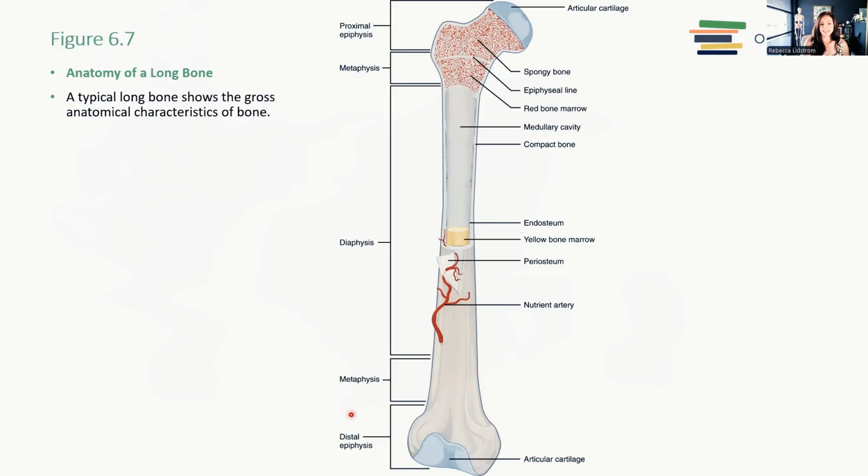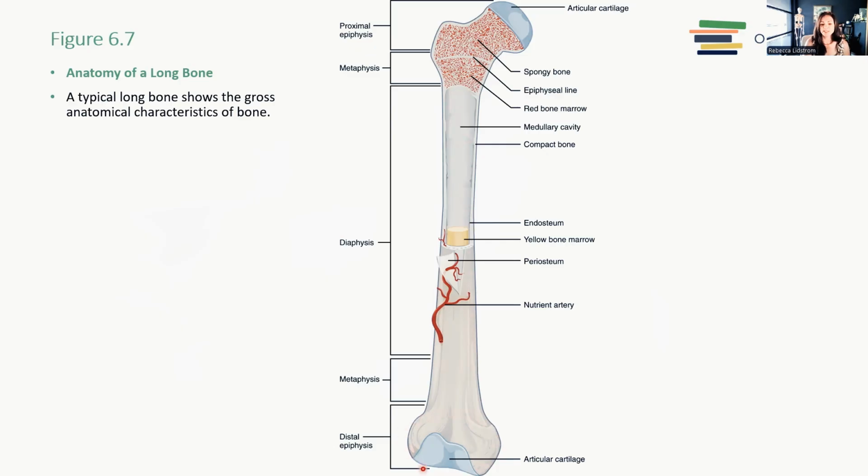Let's look a little bit deeper at the different areas of the long bone. Here is the picture of a femur, and a few things that we can see is that we have spongy bone up here at the top, and we have compact bone going down the shaft of it. Let's talk about the main areas of the bone. At the ends, we have the epiphyseal regions, or the epiphyses, at either end.